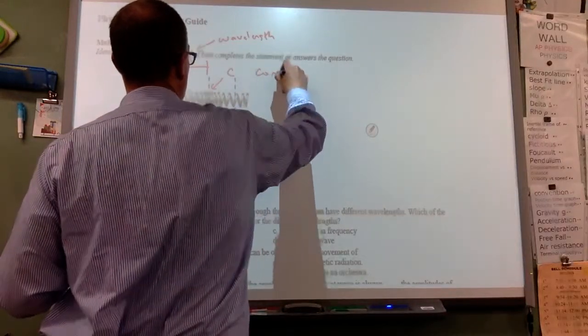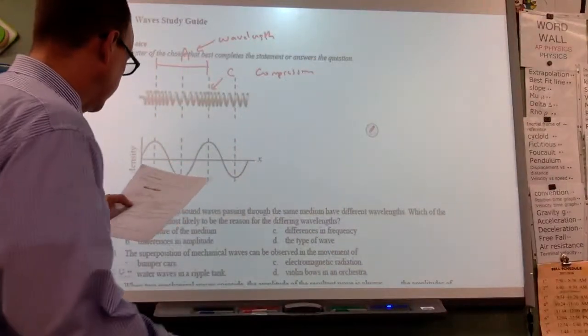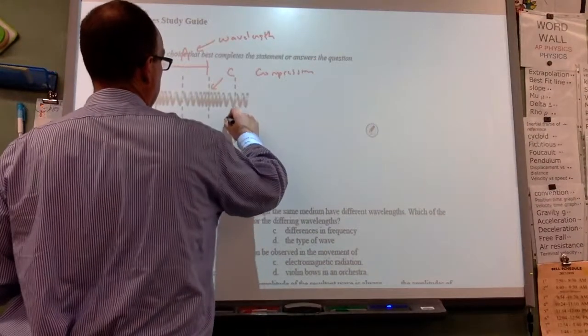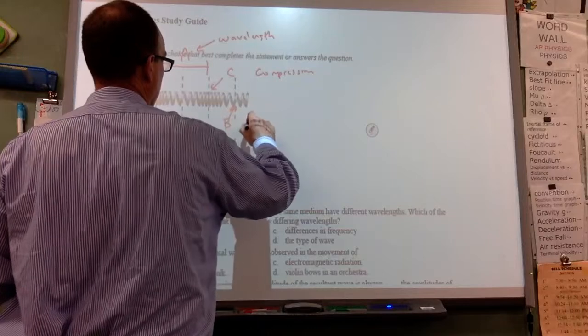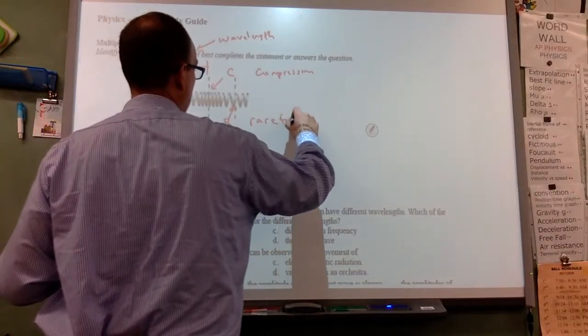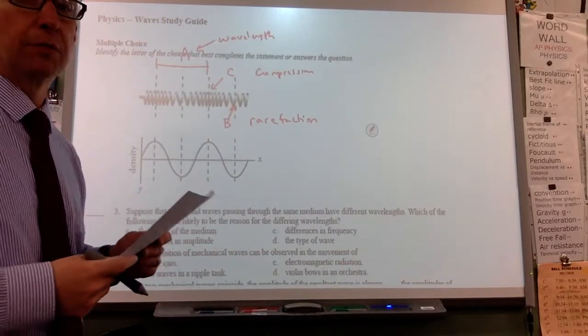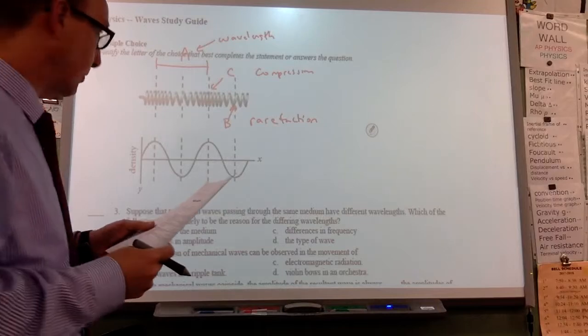C would be a point of compression, and B would be a point of rarefaction, which is what they call it when that's spread out.